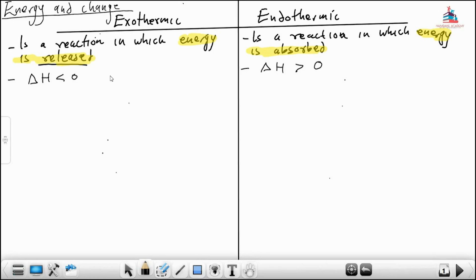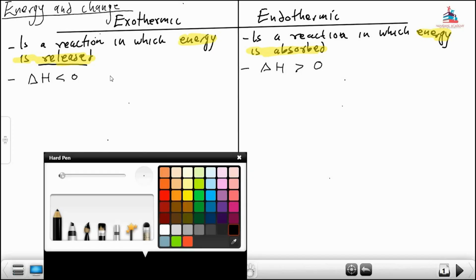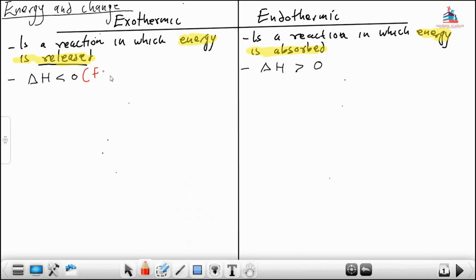When I am given delta H, remember this, it's very important: it is for a forward reaction. So the delta H that I will see in a question paper or in my practice question is actually the delta H for a forward reaction.